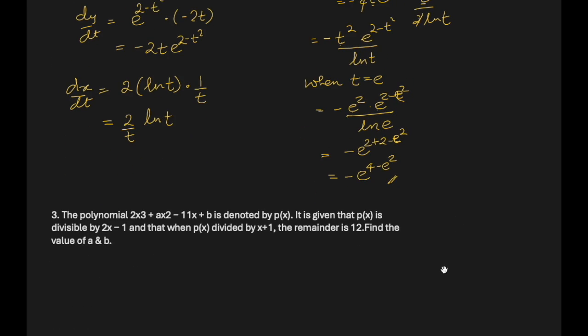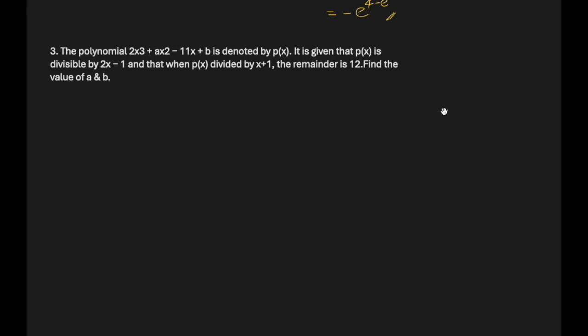Okay, question number 3 says what? The polynomial, let's say p(x), this was the name they are giving, 2x cube plus ax square minus 11x plus b.